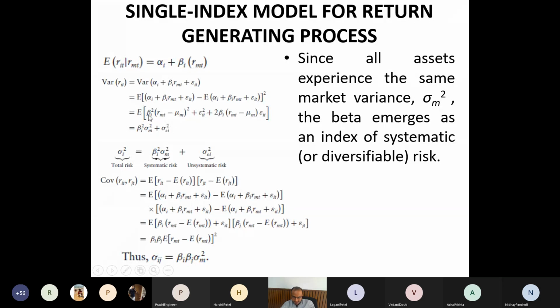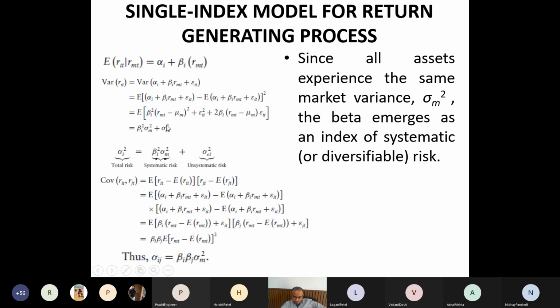You get this term, the expected value of beta I square into RMT minus mu m, which is the expected value of the return from the market, whole square. So this term gives you sigma m square. You can see the expected value of Rm minus its average, whole square, is sigma m square. The expected value of epsilon IT square is sigma epsilon I square, right? And the last term, which is a covariance, will be 0, right?